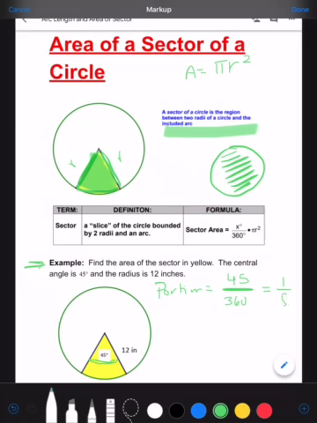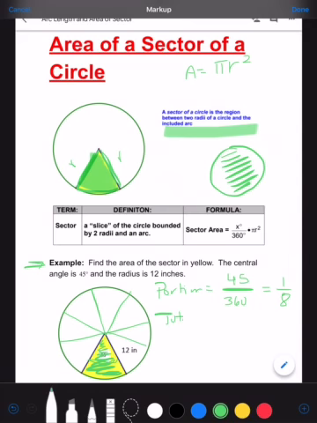It is 1/8. As before, what this means is that if you divide the circle in 8 equal pieces, we are talking about one of them. And this time we're talking about its area. Okay, so we are talking about 1/8 of the total area.